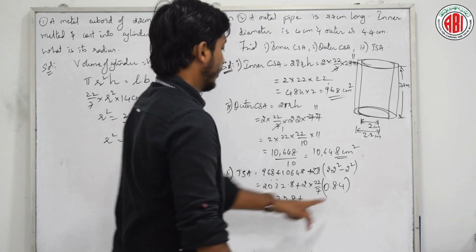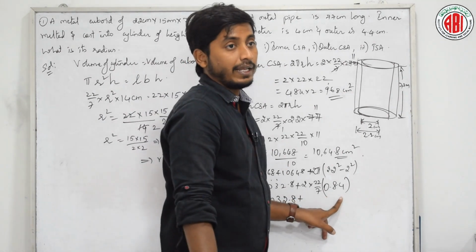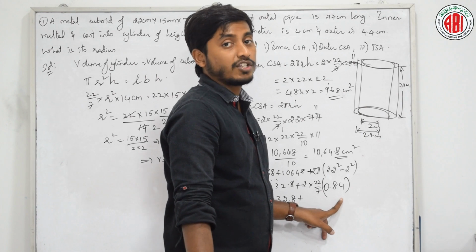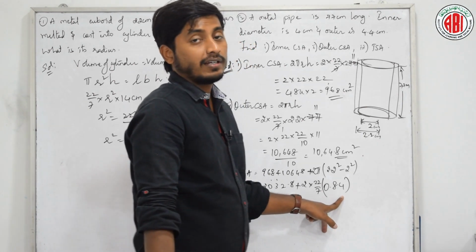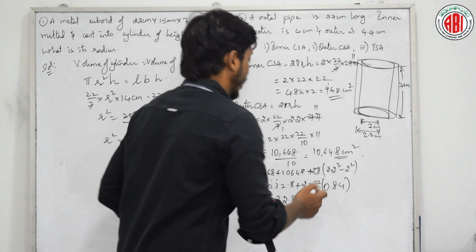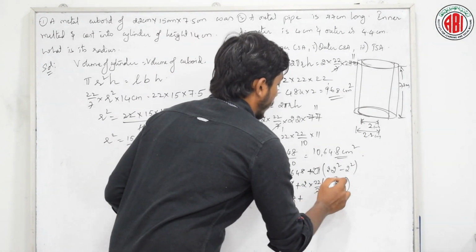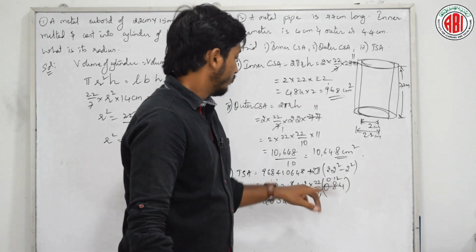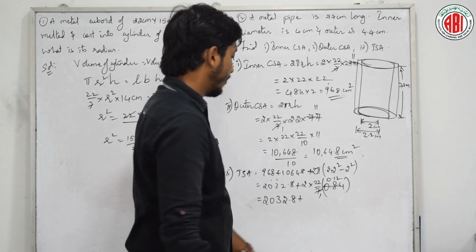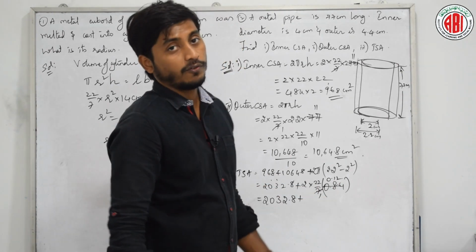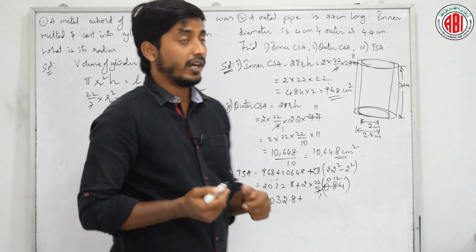Okay, now just multiply and tell me 2032.8 plus 2 into 22 by 7 into 0.84. Will it go in 7 table? Yes, right? 7 12s are 84, that is 0.12. Now just multiply and tell me 0.12 into 44. How much is it? 5.28.